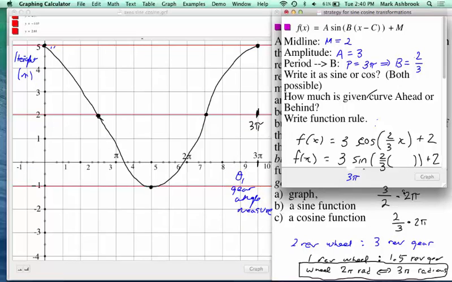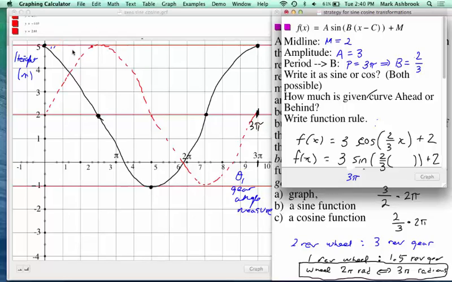But now we're going to have a shift. So what do we do first to help us with that? Draw a sine without a shift. Hopefully we've done that all day. There's sine without a shift. Okay, so is our graph ahead or behind, and by how much?